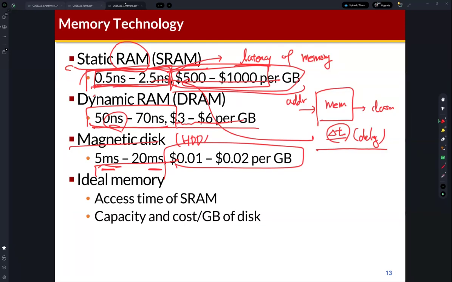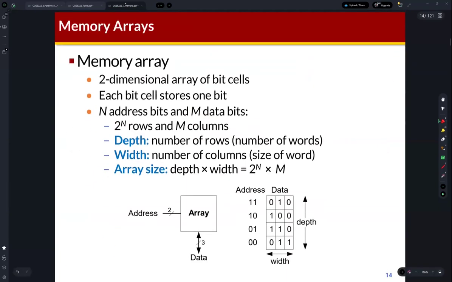SRAM is the same: if we increase the size of the SRAM, then the latency is also increased. So that's the problem. The ideal memory has the access time of the SRAM and the capacity and cost of the hard disk drive, but this is just ideal, it's not real memory. That's why we use the memory hierarchy.